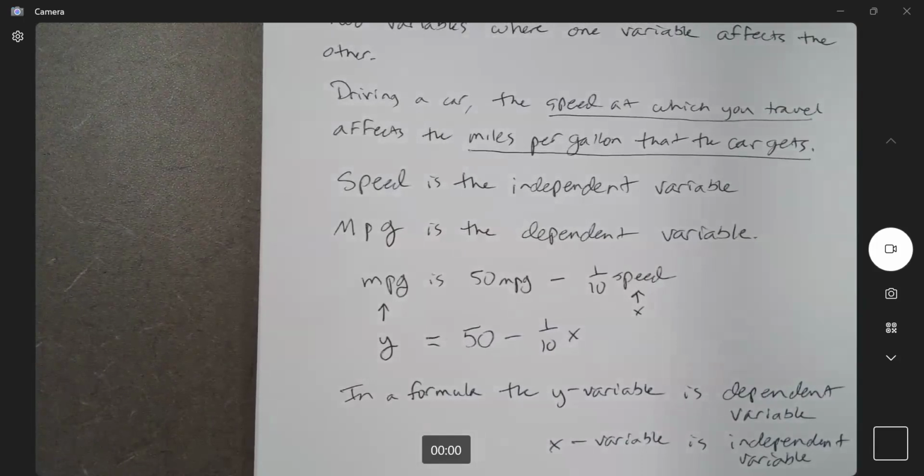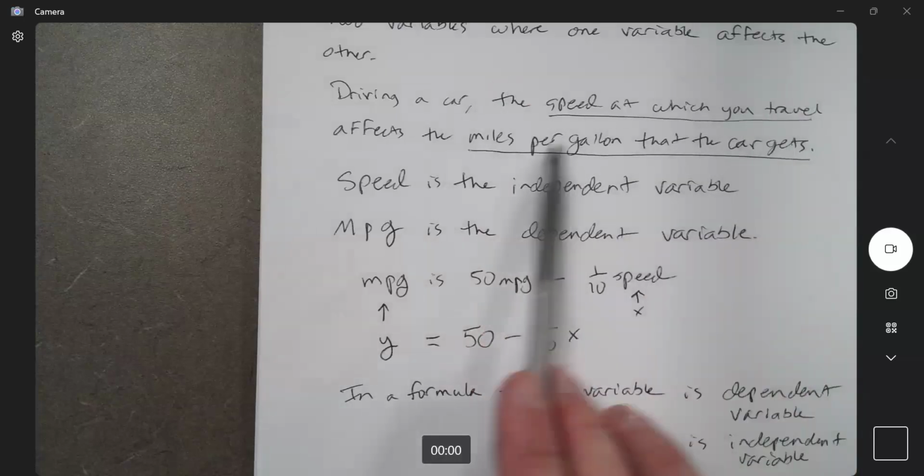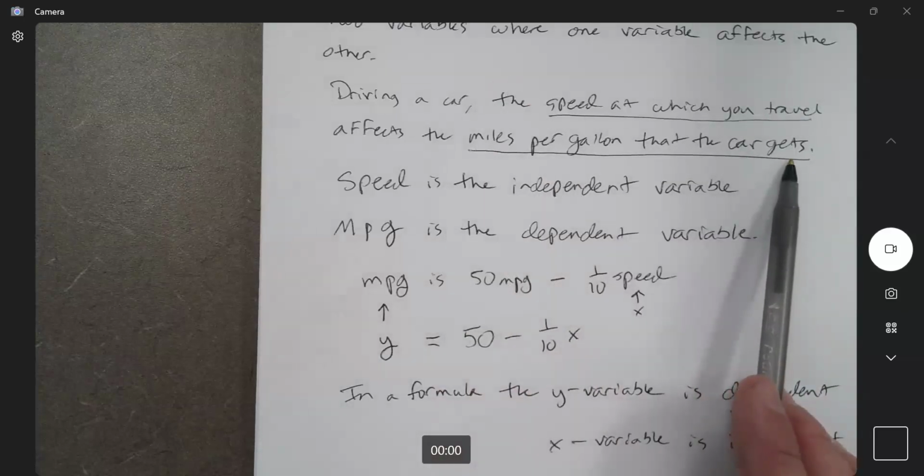Distance would be another variable or not? This one doesn't talk at all about how far you're going. It's just talking about how fast you're going. Yeah, so the faster you go, the lower your gas mileage.